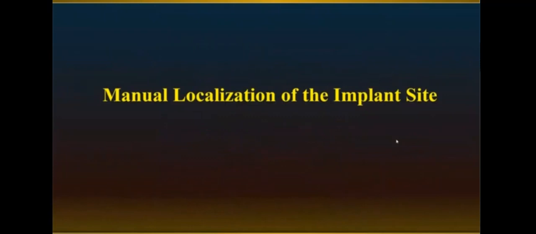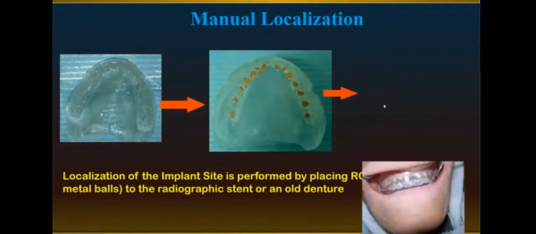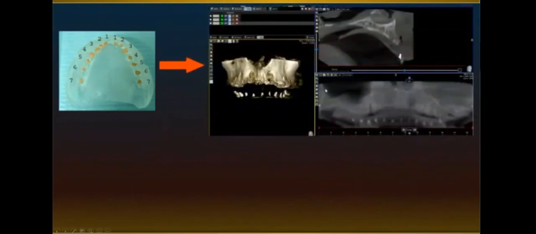First, manual localization of the implant site. In this method, we use a radiographic stent or the patient's denture, and we place a radiopaque marker like gutta-percha points or metal balls or composite. And we tell the patient to wear it, to have the CBCT while this appliance is in his mouth. Therefore, when I have the CBCT of the patient, I am sure here that this gutta-percha, for example, corresponds to this image.